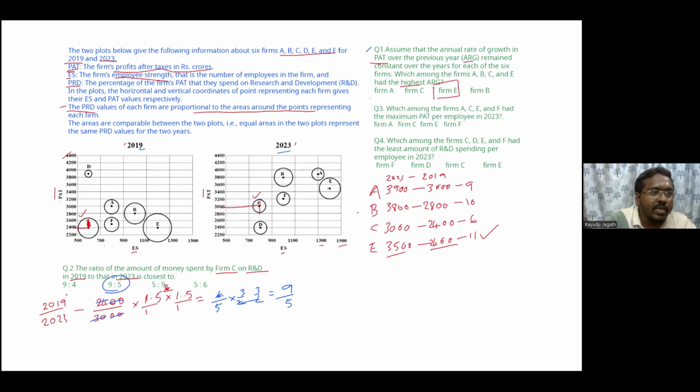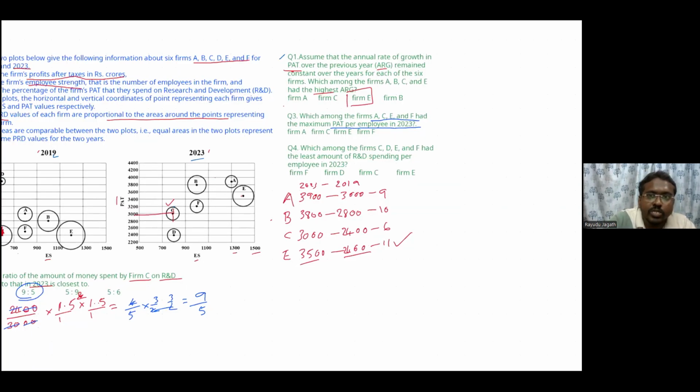Coming to question number 3. Which among the firms A, C, E, and F had the maximum PAT per employee in 2023?